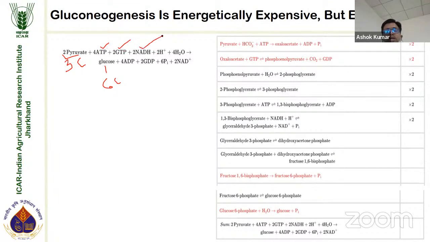Along with that, 2 NADH molecules will be utilized, and glucose will be produced. So for producing each glucose, you will use 6 ATP equivalent and 2 NADH. This also you can easily remember if you know the reactions.